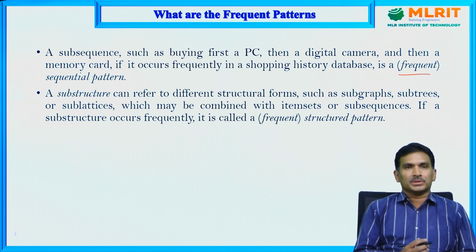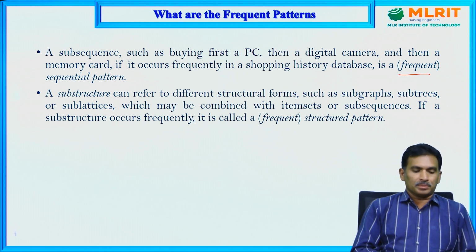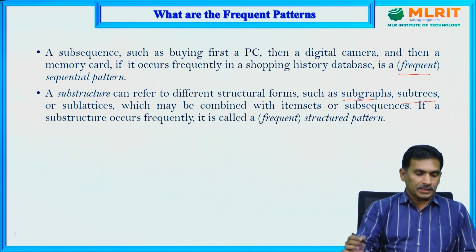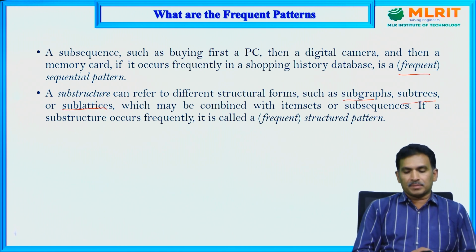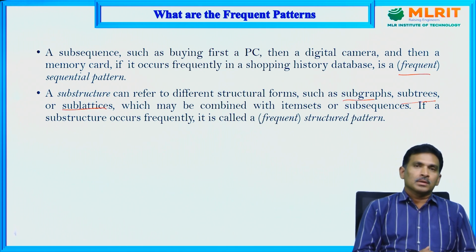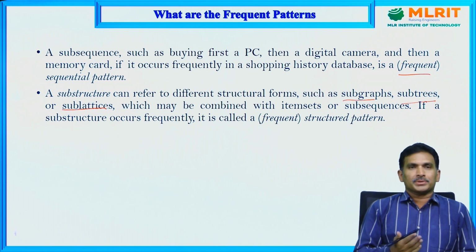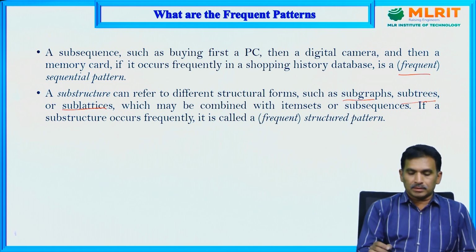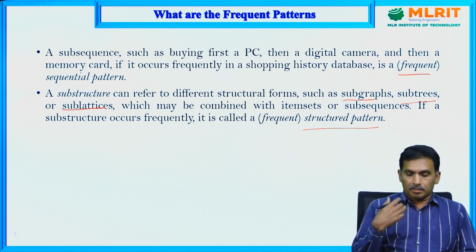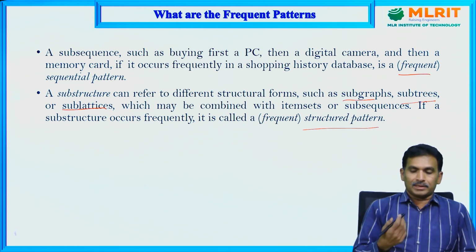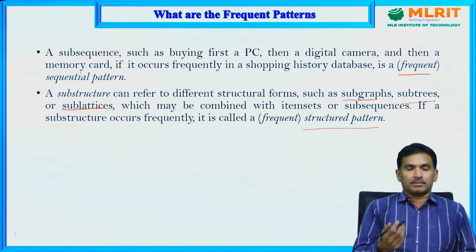Similarly, a substructure can be any structural form such as subgraphs, subtrees, or sublattices, which may be combined with item sets or subsequences. If a substructure occurs frequently, it is called a frequent structural pattern.